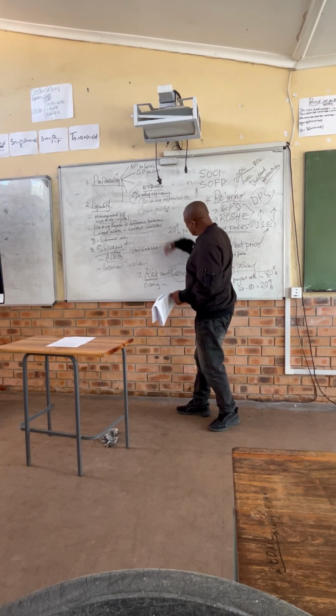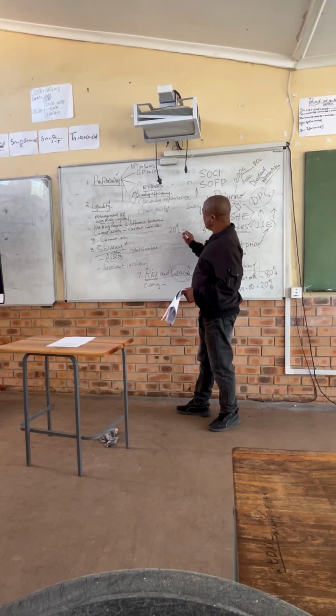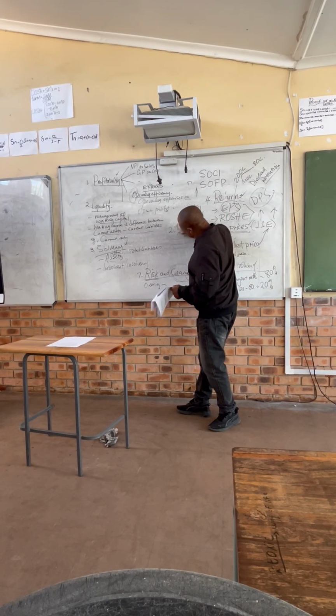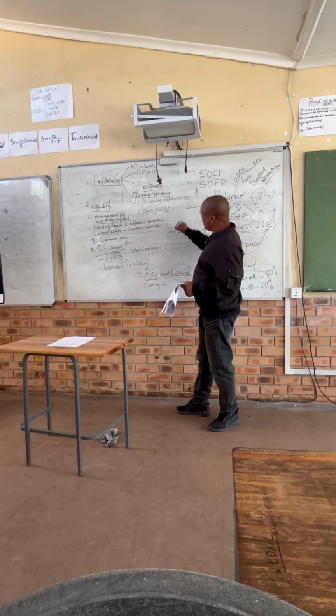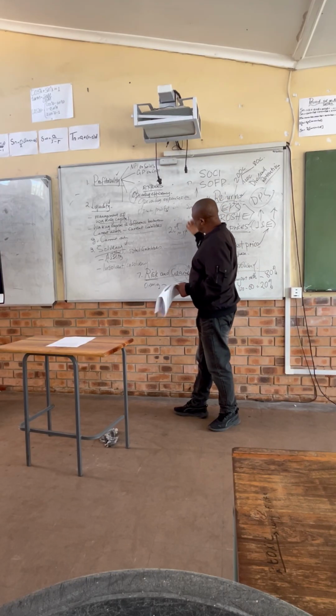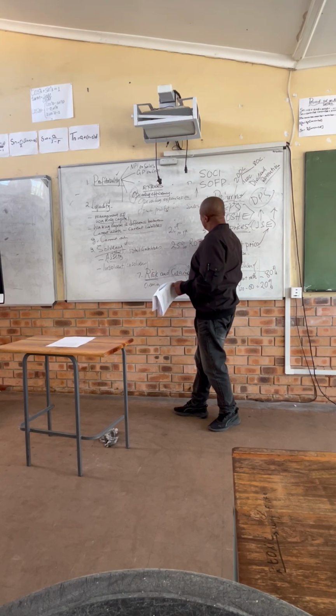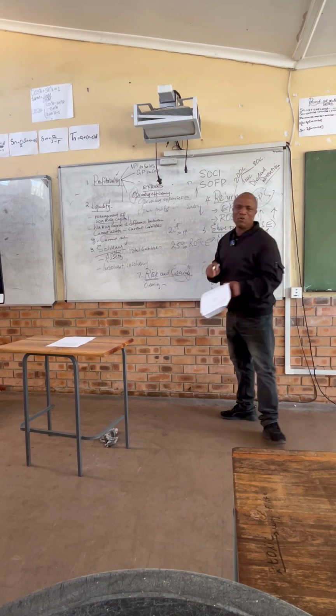Now you are going to use this loan, and the bank is expecting you to pay them this. Then you use this money, you do whatever you do with it, then you get 25% on the return that you are going to get on the loan.